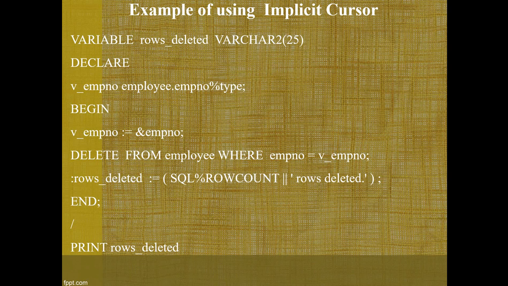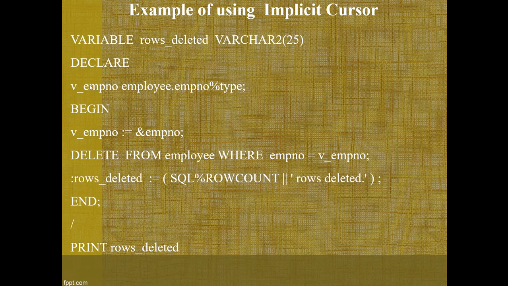In this slide, we are going to see how the implicit cursor is implemented. Here I have given one program to implement the implicit cursor. In the first line, we are declaring one bind variable by using the keyword VARIABLE and then the variable name rows_deleted with data type VARCHAR2. Now we are writing the program by starting with DECLARE.